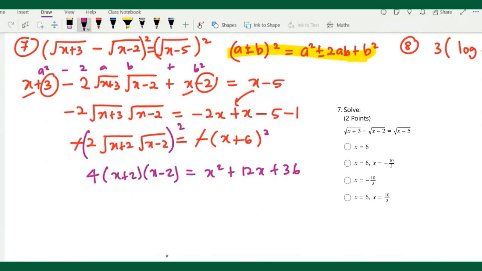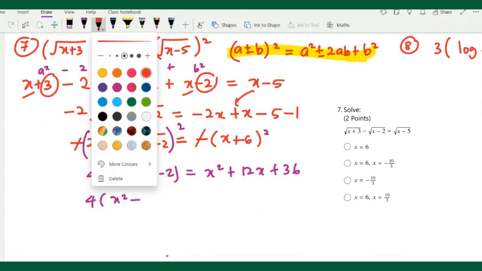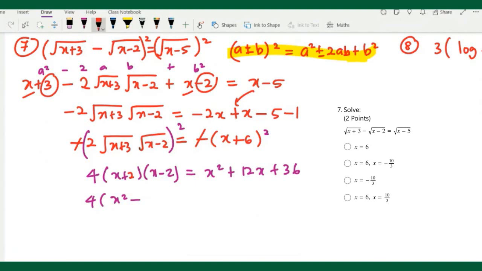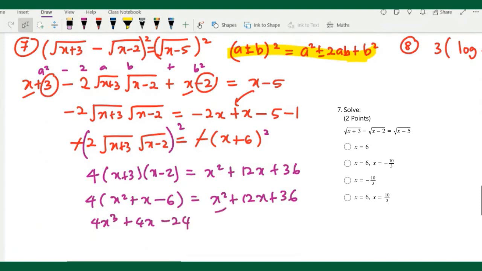You may expand as well for the left hand side. You will end up having x squared minus 2x plus x, finish. Sorry, this is plus 3. When it is expanded, then I notice, okay, we will get x squared minus 2x plus 3. So it will be plus x, plus x and then minus 6. This one just copy back, no problem. Okay, expand this one. So 4x squared plus 4x minus 24. Bring everything to the left side.